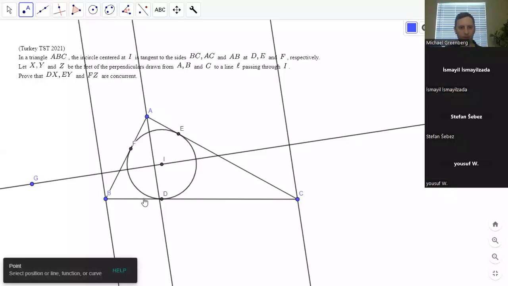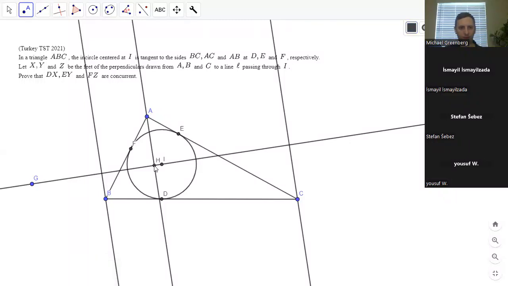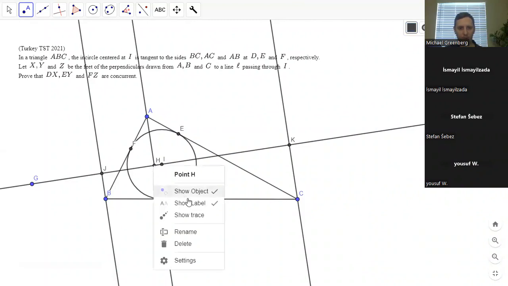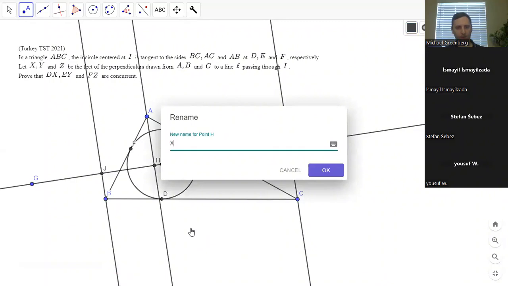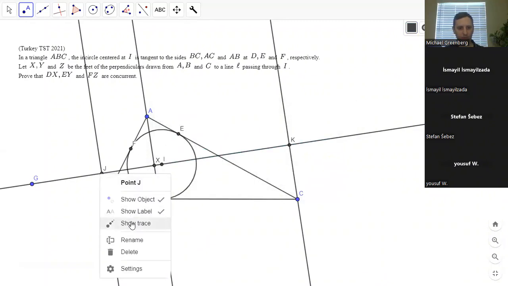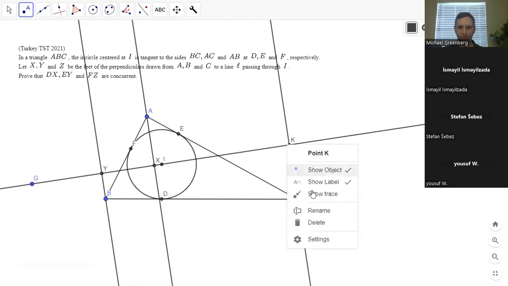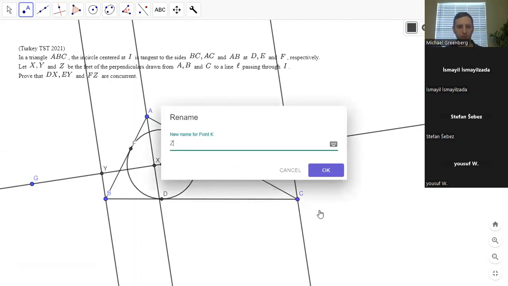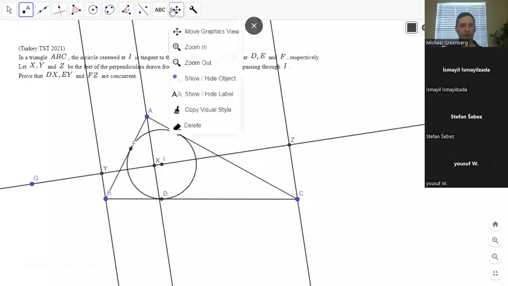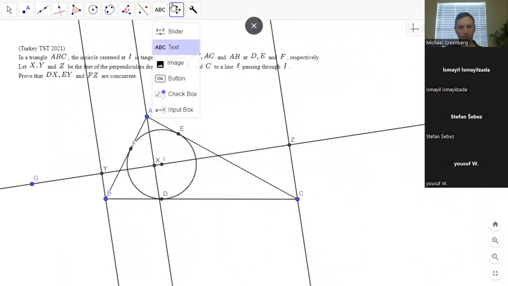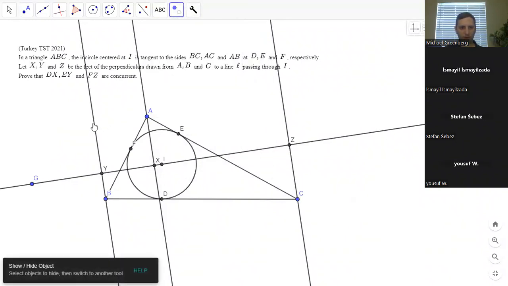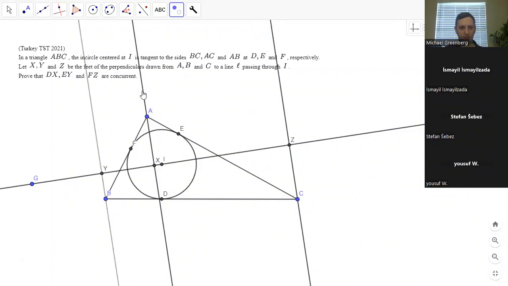All right, so this is going to be X, Y, and Z. Let's rename it. X, Y, and Z. So I'm going to hide a couple things.